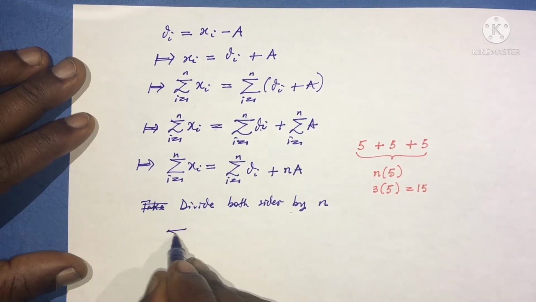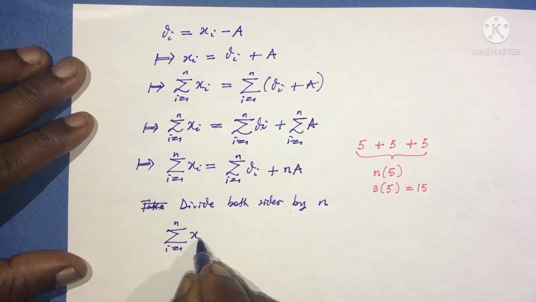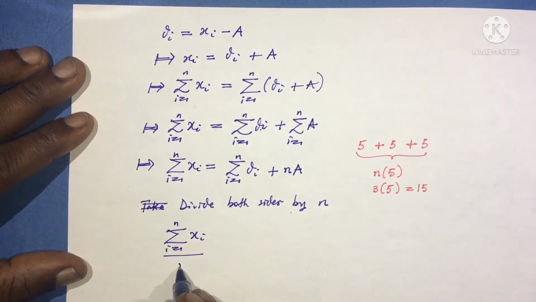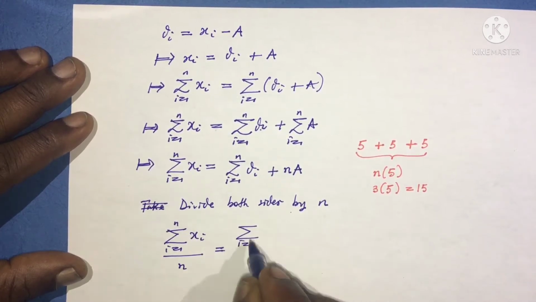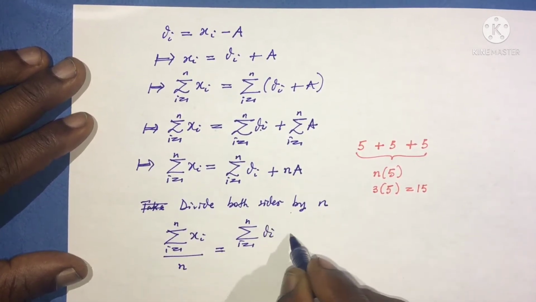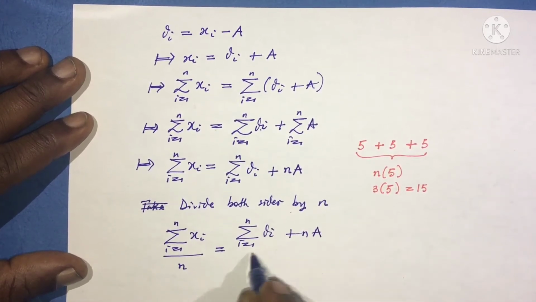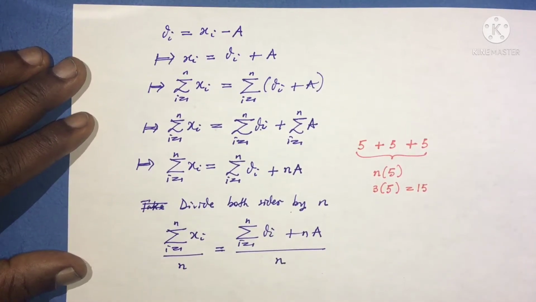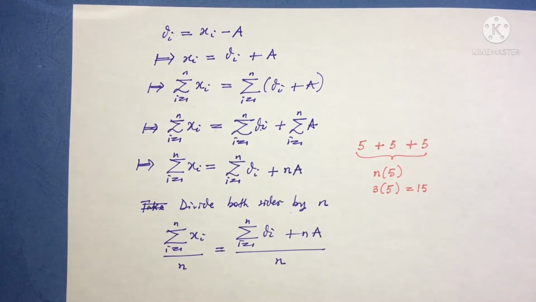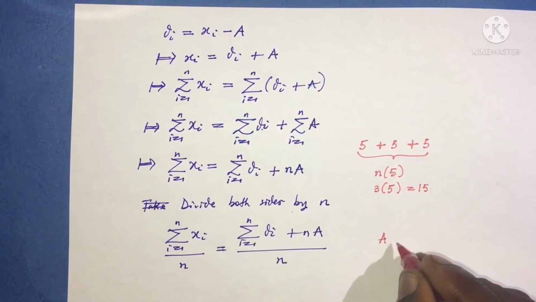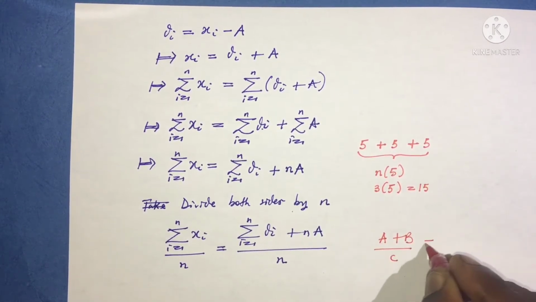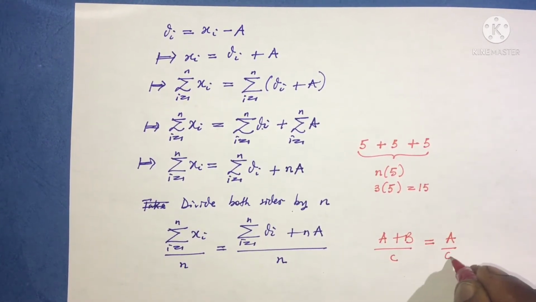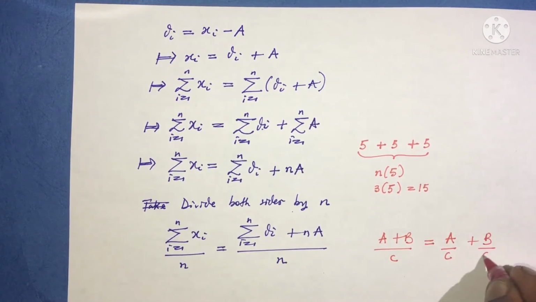When you do, this will be summation from i equals 1 to n of all xi's divided by n equals summation from i equals 1 to n of all di's plus n a, divided by n. Now take note, by the simple rule of algebra, a plus b all over c is the same as a over c plus b over c.